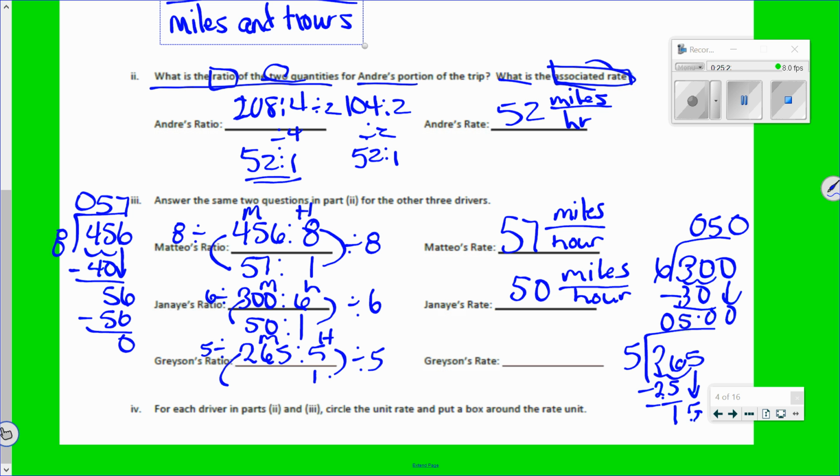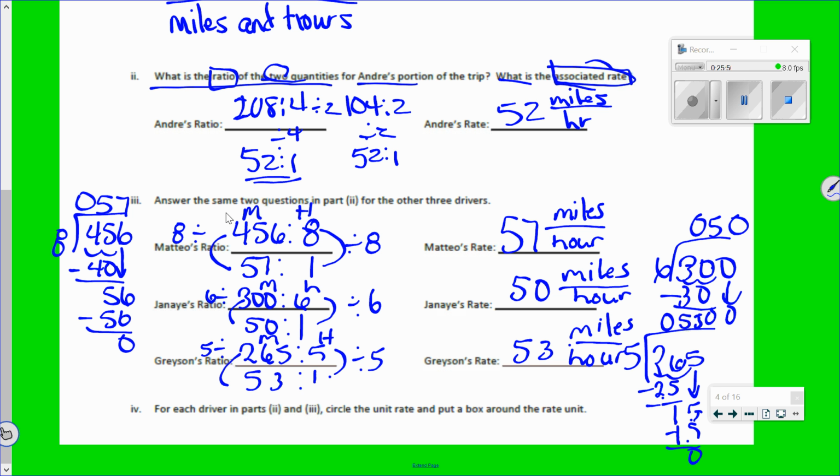How many times? 3. This board doesn't write well. 15, and I have a 0 remainder. So 53 miles in 1 hour. How do I write that as a rate? 53 miles per hour.